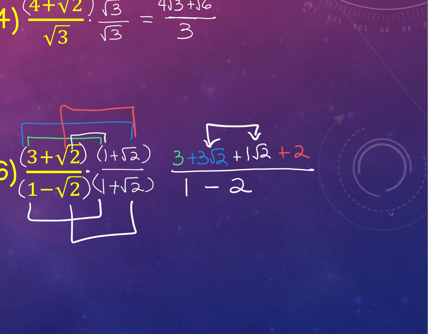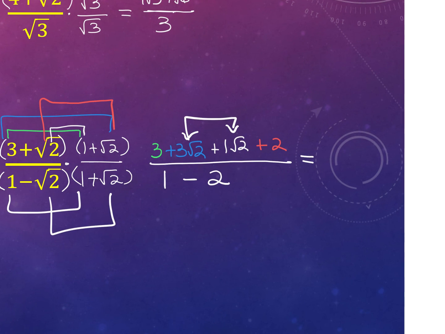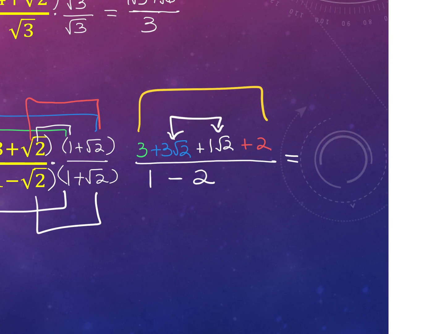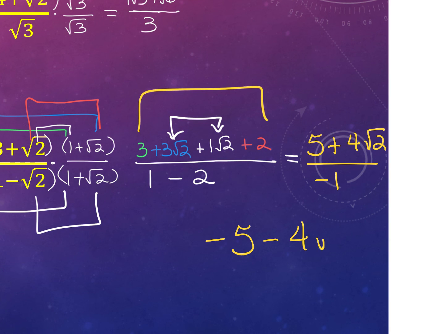Remember, you can only add things when they have like radicals. So I'm going to add just the coefficients, so 3 plus 1. And then I can also combine these numbers. So then final answer here, once I do this, I'm going to get 3 plus 2 is 5. And then these 2 in the middle become 4 square root 2. And then the denominator becomes negative 1. So now what I'm going to do is simplify this, and I can divide both of the numerator terms by negative 1. So final answer would be negative 5 minus 4 radical 2.